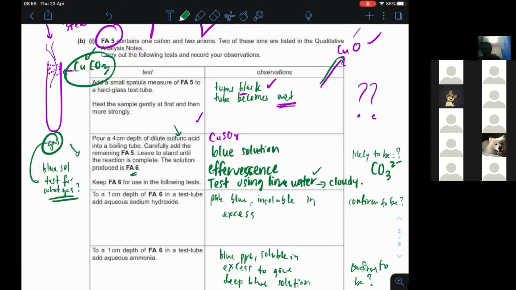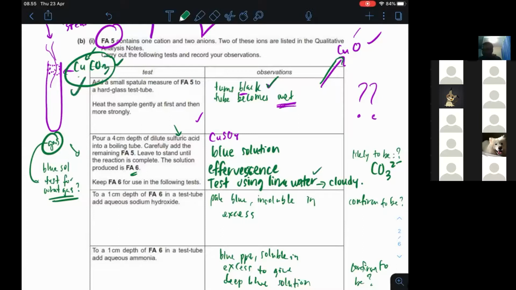Or, for example, if you have copper carbonate and you heat it up, it will give you copper oxide, which is black, and carbon dioxide. Basically, when you heat up, it also gives you water.